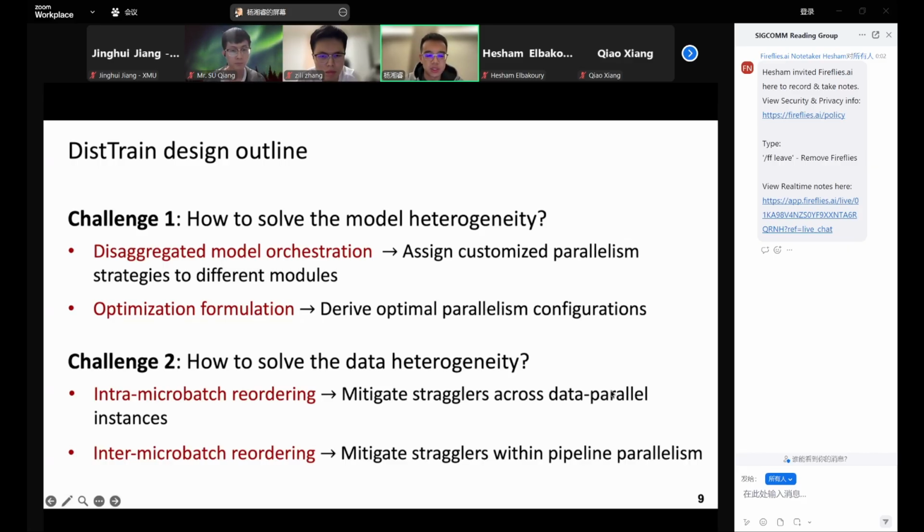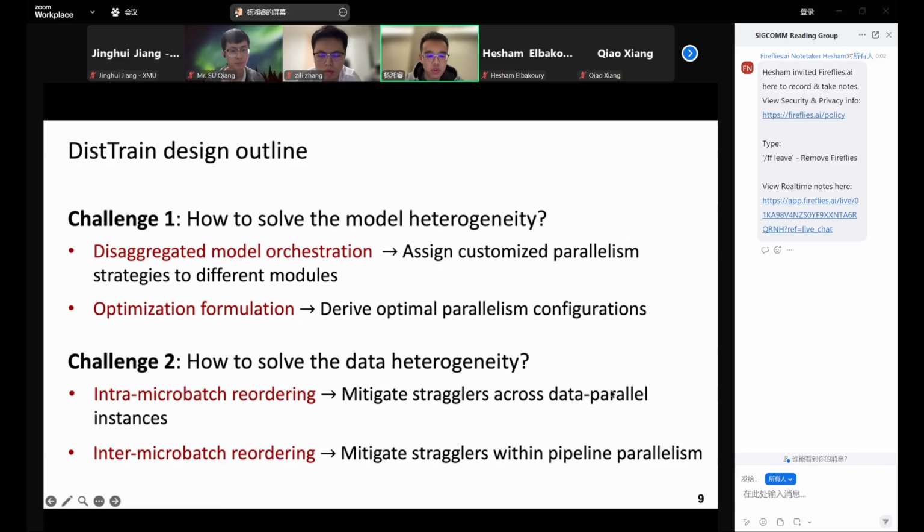Instead, DistTrain assigns customized independent parallelism strategies to each distinct module to best suit their unique computational profiles. To do this systematically, it develops an optimized formulation that automatically derives the most efficient parallelism configuration, ensuring the workload is balanced. To solve the second challenge, data heterogeneity, DistTrain deploys disaggregated data processing.